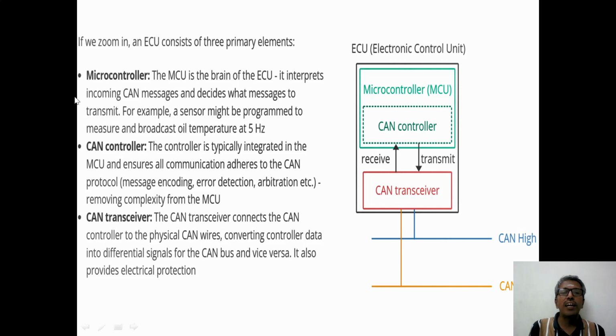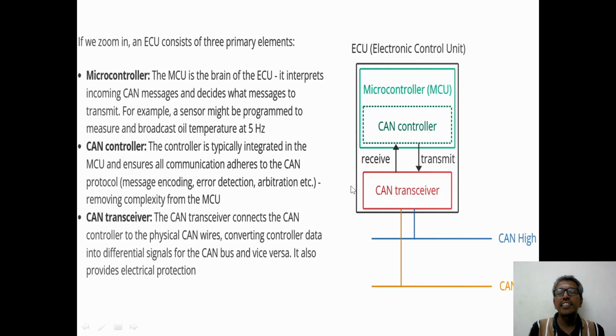The main parts of a CAN bus: it has a CAN controller. The CAN controller will connect the microcontroller and the CAN transceiver. CAN transceiver means transmitter and receiver.